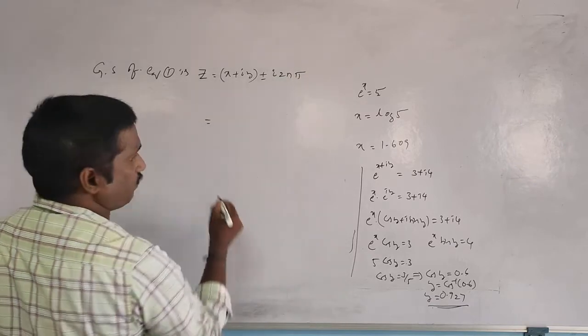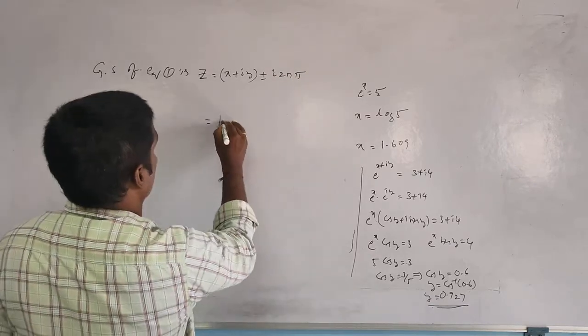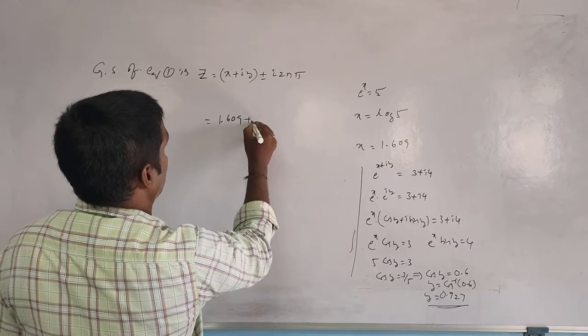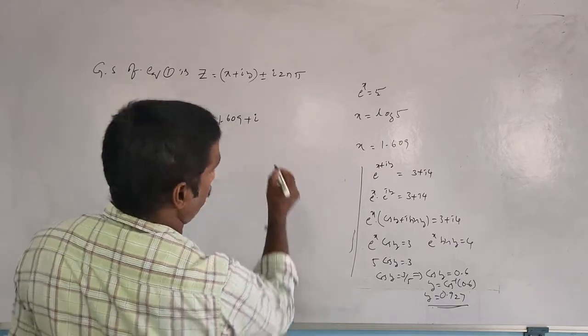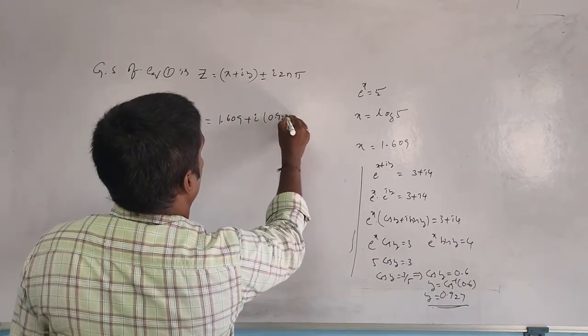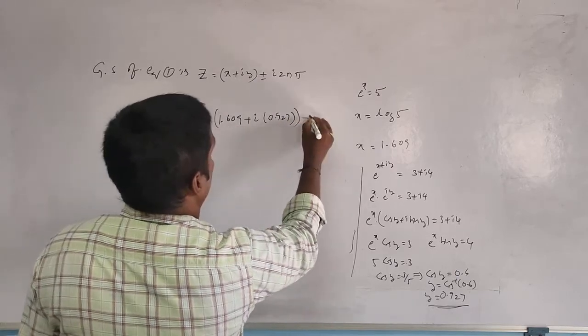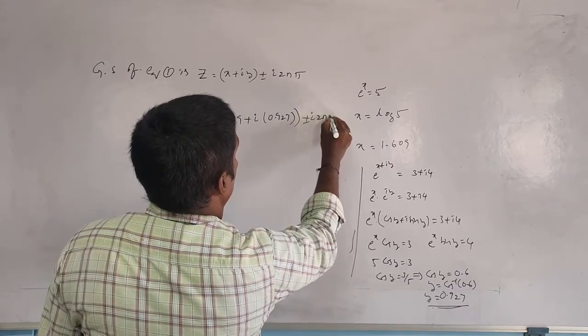That equals x, meaning 1.609, plus i of y, meaning 0.927, plus or minus i into 2n pi.